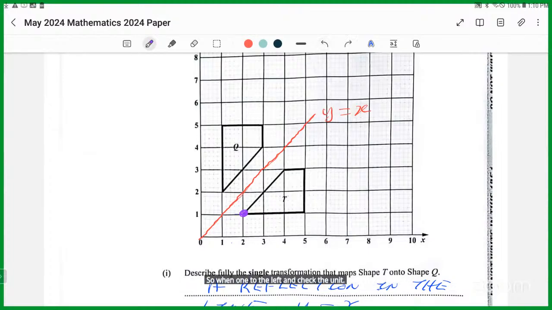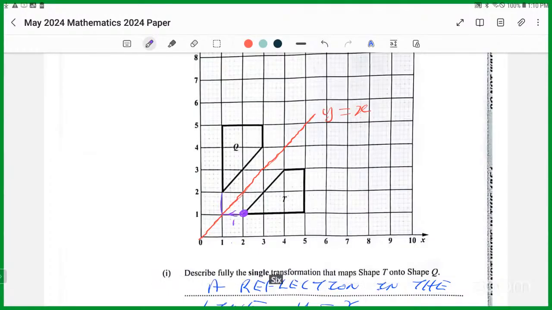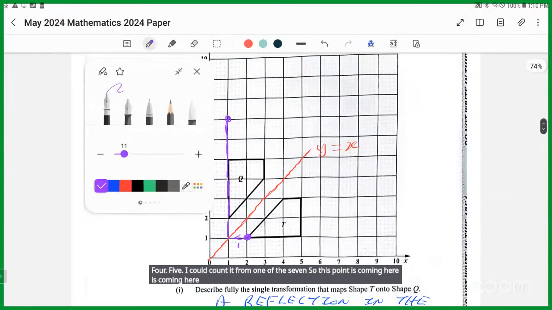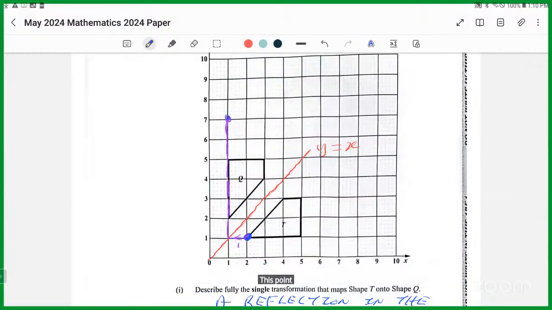That's 1 unit to the left here. 6 units up: 1, 2, 3, 4, 5, 6. So this point is coming right here.